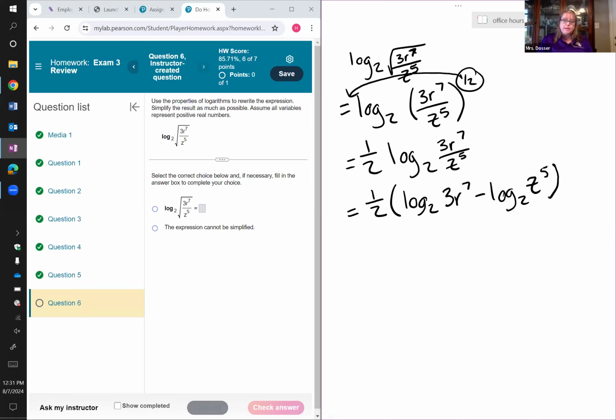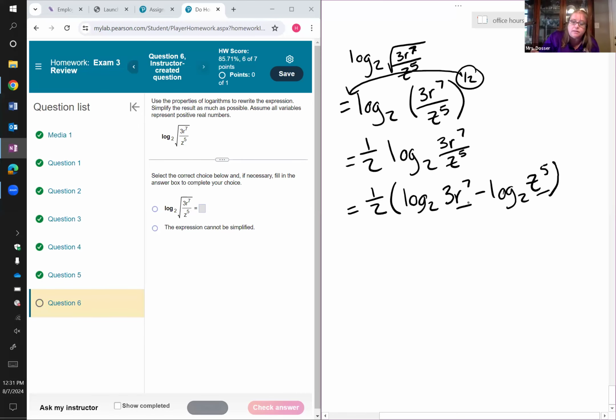Now we notice that we do have powers. We've got a z to the 5th and an r to the 7th, but we also have a product. And so we can't do anything about this r to the 7th yet because it's multiplied by 3. So we're going to have to break up that product first. Again, 1/2 and then parentheses because everything's getting multiplied by 1/2.